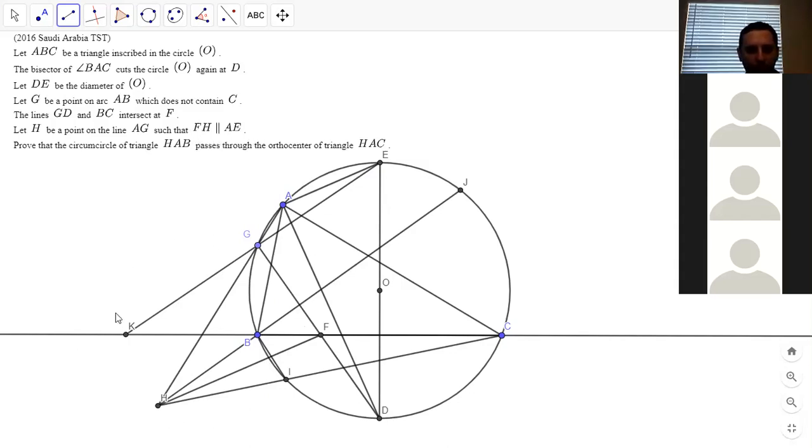And then we would know all that stuff. We would know that HF is the angle bisector, and we know HK. So I think an angle chase proves that H lies on the Apollonius circle.